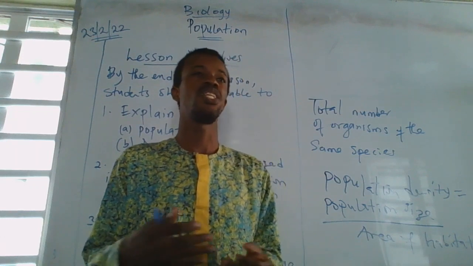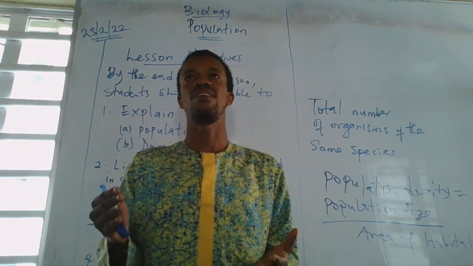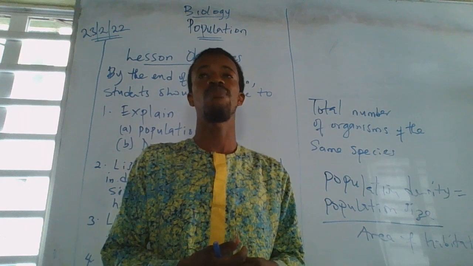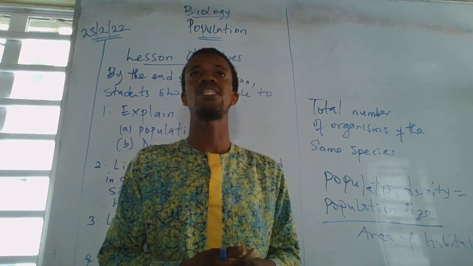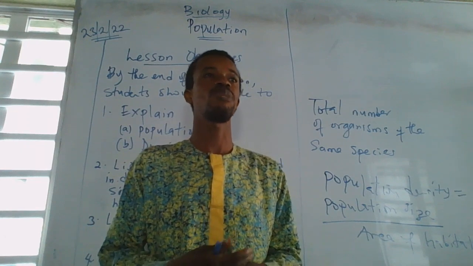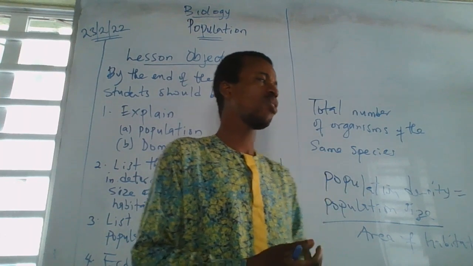So if the natality rate is higher than the mortality rate, that means you have more of the organism. But when the mortality rate is now higher than that of the natality, that means many of the organisms are dying and the population is reducing drastically.